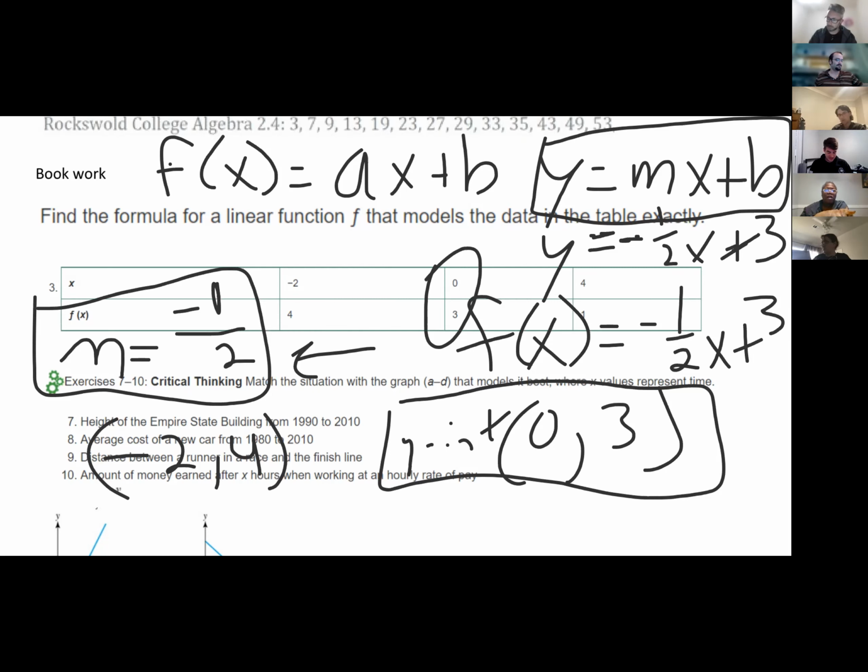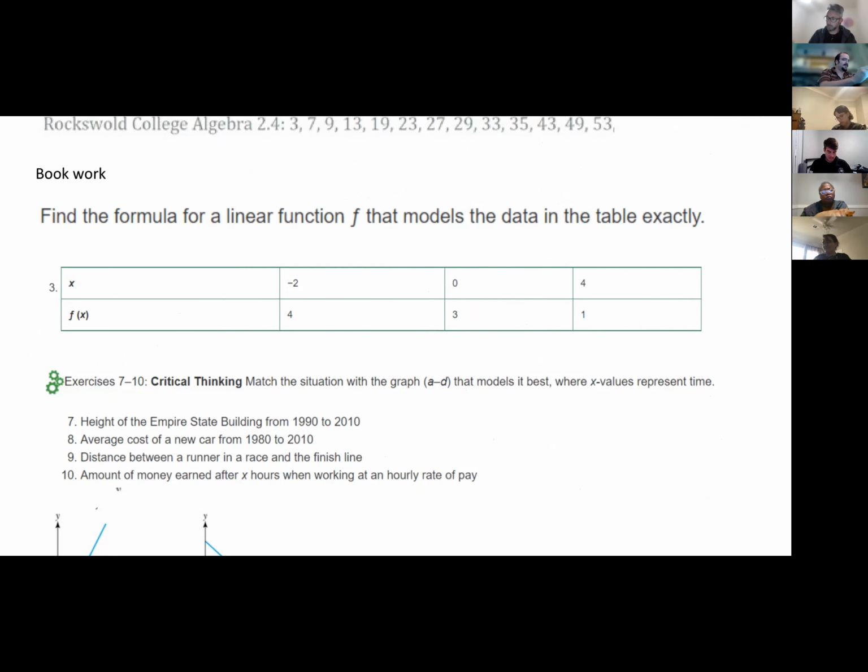So if it was -2 instead of 0, would the bottom part of the slope have been 4? So the 1/2 is coming from the difference between these two things, right? That's where the -1/2 is coming from. So I'm not really sure I follow what you're asking.